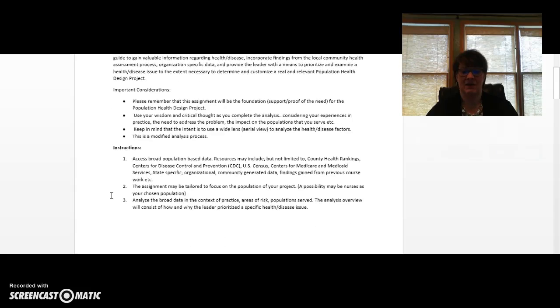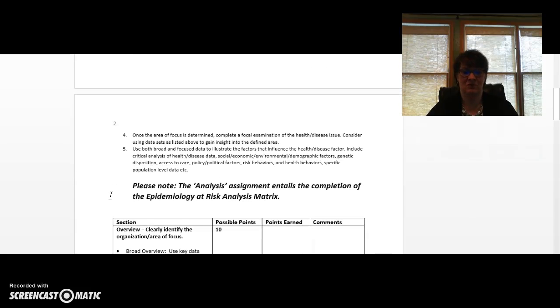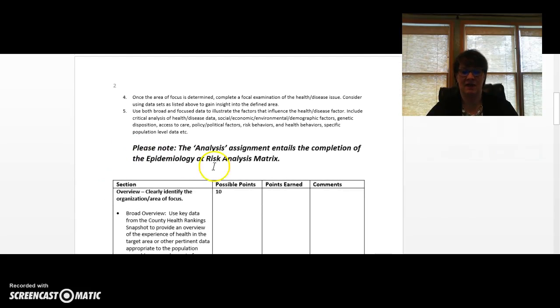So again, we're just going to go through the rubric very quickly, and I have designed a matrix for you that will help you to structure the information that you gain. And this is not a paper. This is really getting key data and key assessments in order for you to really analyze that information to move forward.